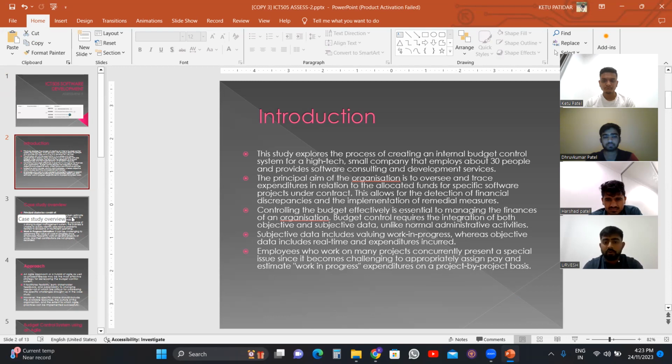An employee who works on many projects is a special issue, since it becomes a challenging opportunity to assign the pay and estimate work process expenditure on a project-by-project basis, where we cannot define how many employees are working on one specific project, because in a small company they work as a team.